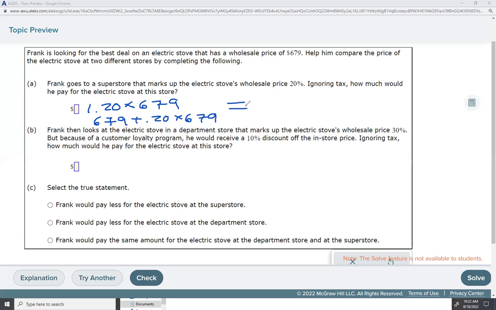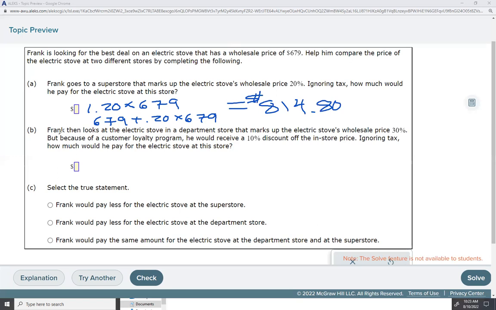So 1.2 times 679, and we get $814.80. And how do I get all these things? Like you've been seeing me doing, I just translate from English to math. He's going to pay the original amount plus 20% of the original amount. That takes practice, but it's totally doable.